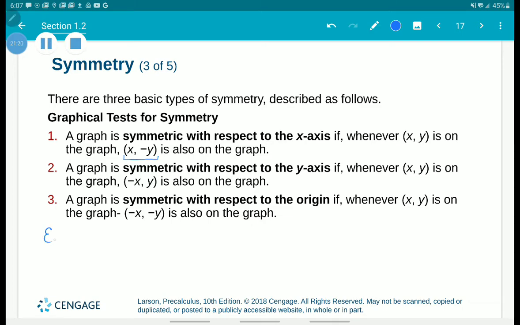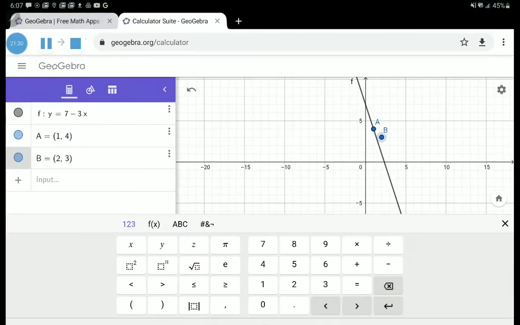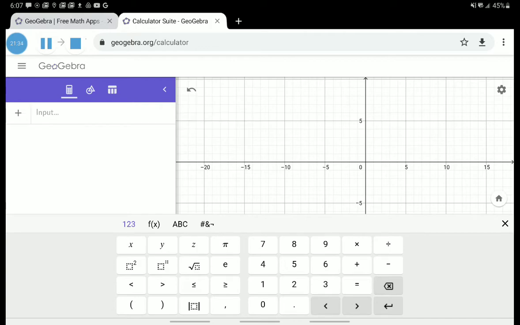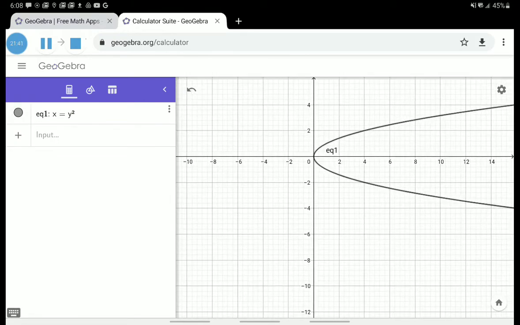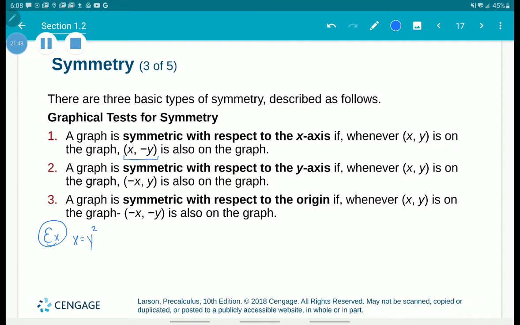So let me give you an example. Let's say we had the graph x equals y squared. That graph, if we go to Desmos, is a quadratic that's sideways. So you can see our graph. Now you can see there's definitely symmetry with respect to the x-axis here. So now let's show it algebraically. Let's plug in the point (x, -y).